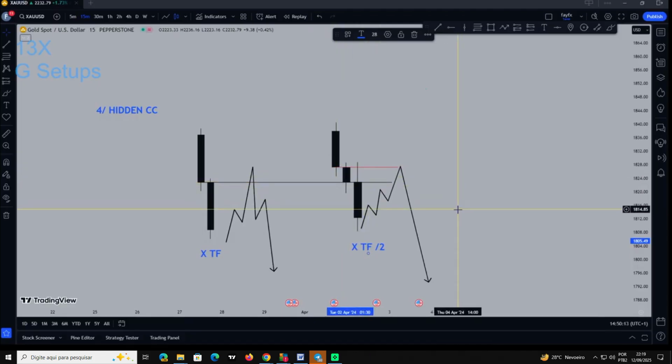For buys, we are going to find the CC just below the main level. Then price will ignore the main level to go and touch the hidden CC, the gap CC that is above the main level, and melt down. We can instantly sell here once price reaches this new level, this bearish gap CC.